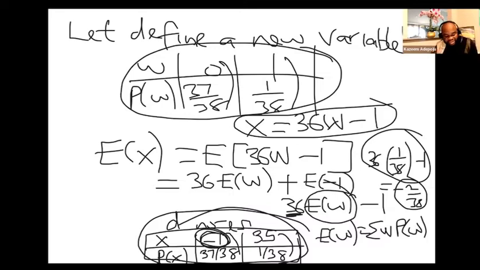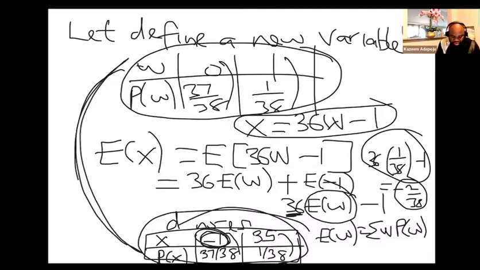If you look at axiom number 2, somebody may ask, how did you get 36W minus 1? It arises from the relationship between these two. If I plug in 0 here, I get minus 1.